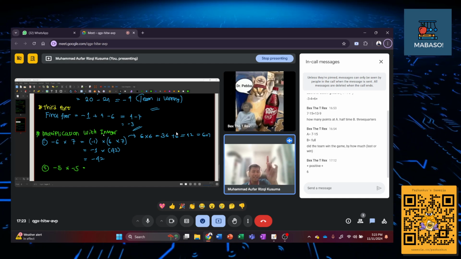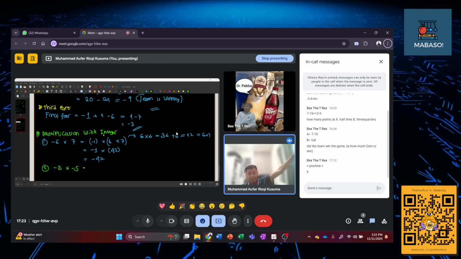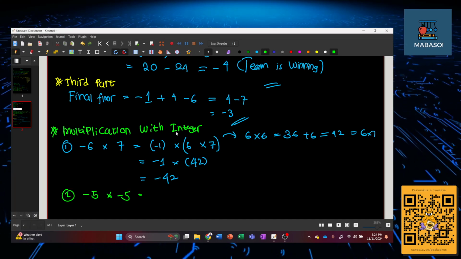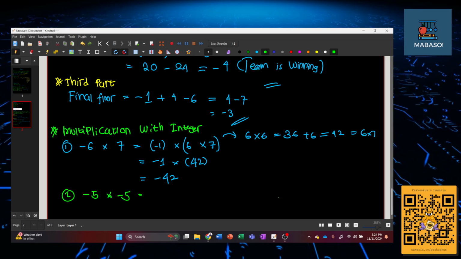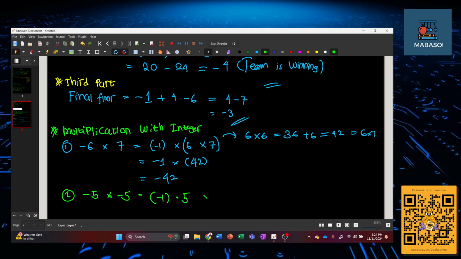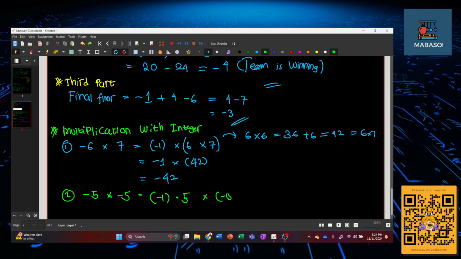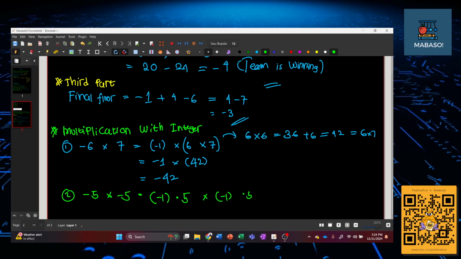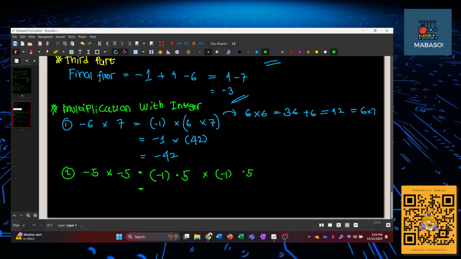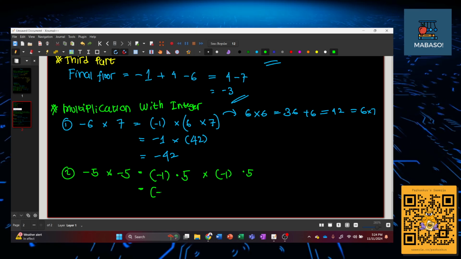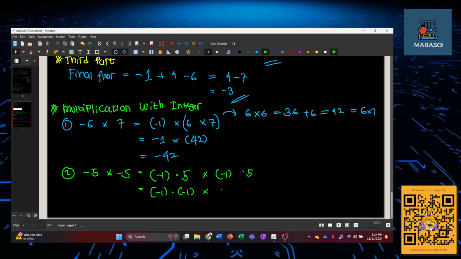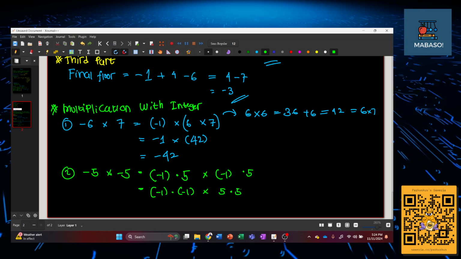So if I have two minuses, -5 and the other -5, I can rewrite this as -1 times 5 and then multiply it with -1 times 5. Now we could gather the -1 at one place, so -1 times -1, and then multiplied by 5 times 5.